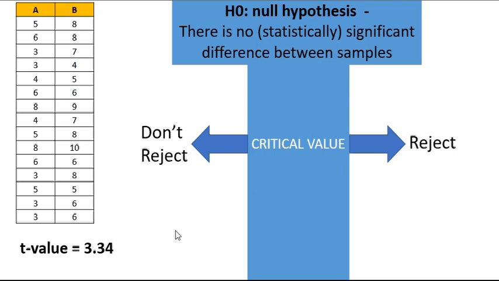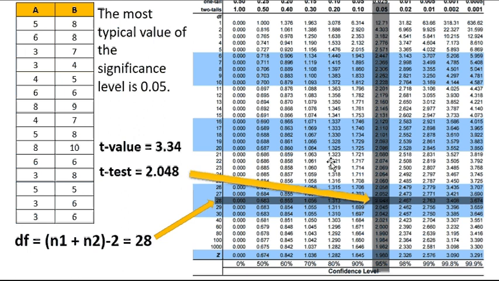So as I said a while ago, you can look for the t-test table from Google. There are many t-test tables in Google, and those are standard t-test tables. Before we look for the critical value, the first thing is we need to identify the alpha value, or the probability or the significance level.